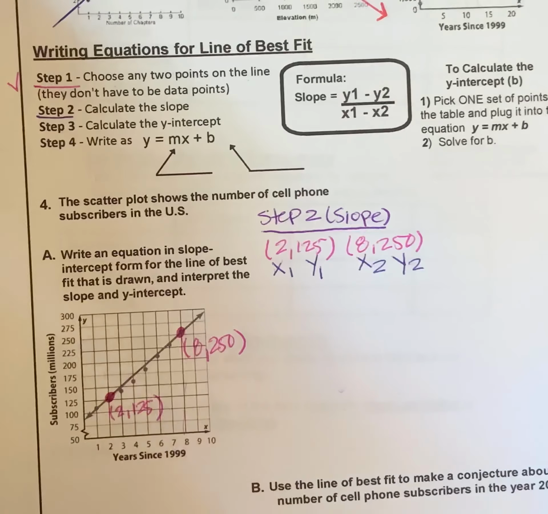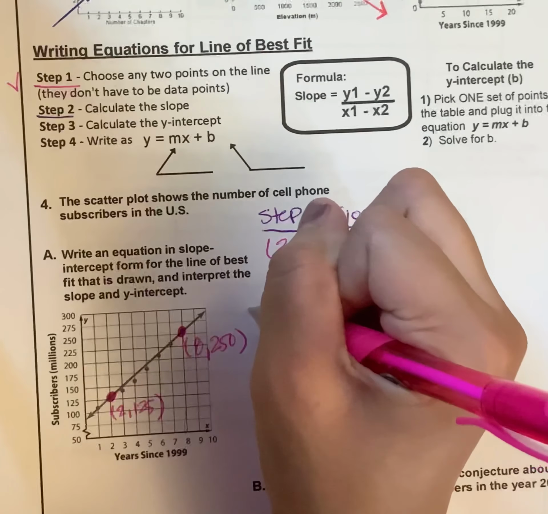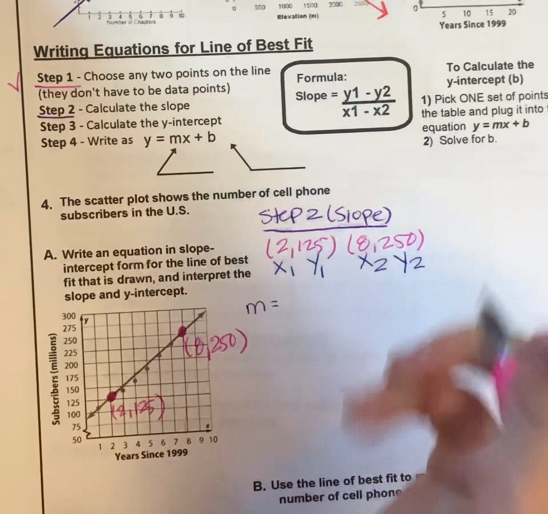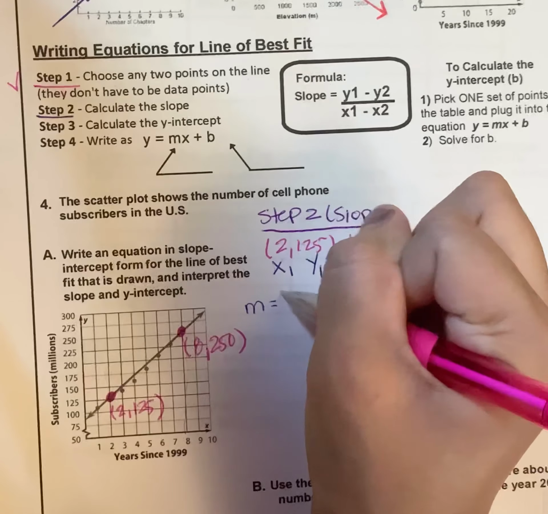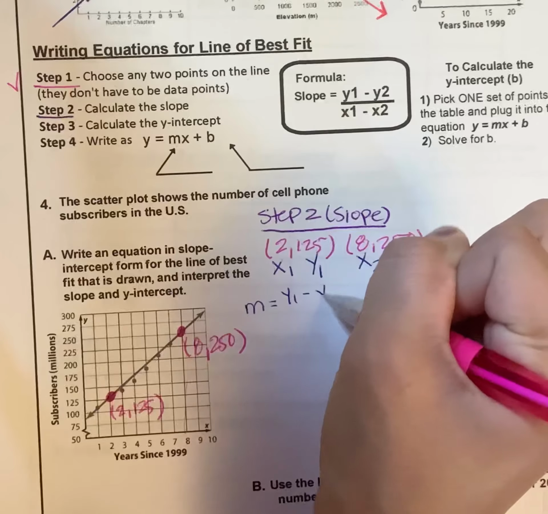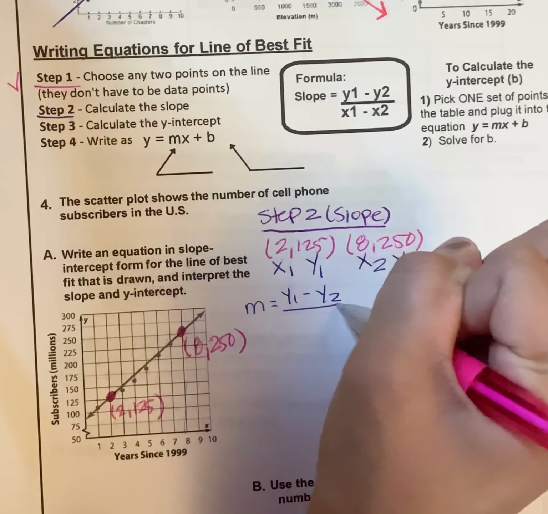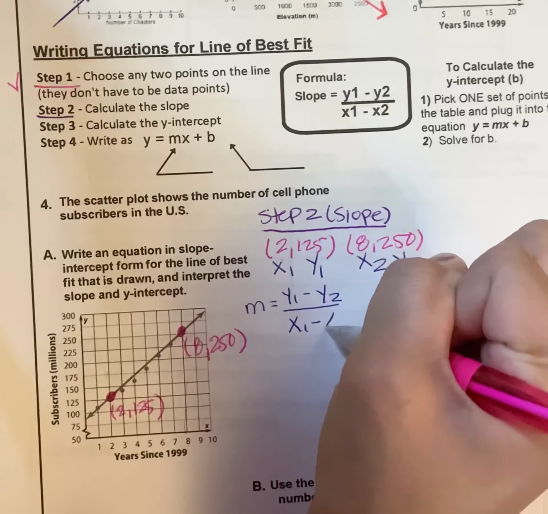Okay, let's plug this in. So my slope, my m, is going to be y1 minus y2 over x1 minus x2.